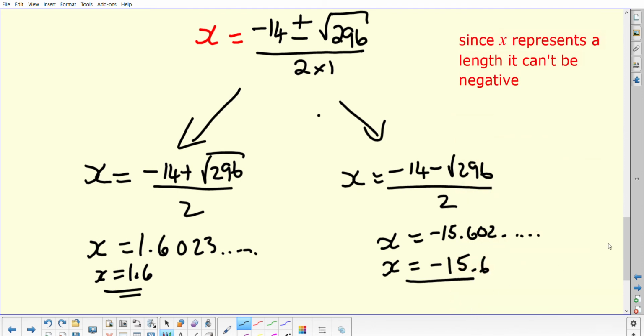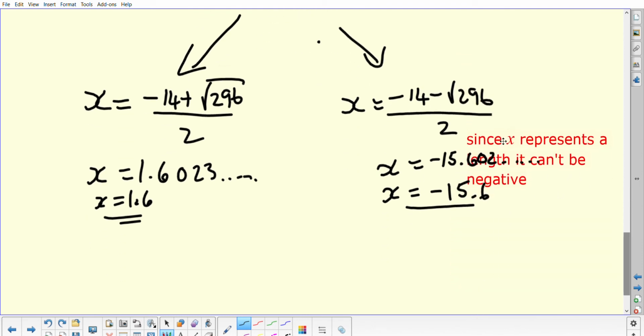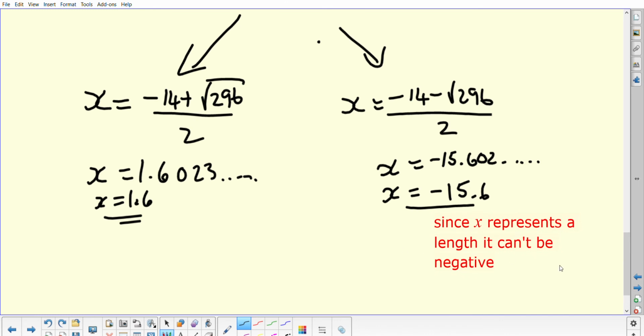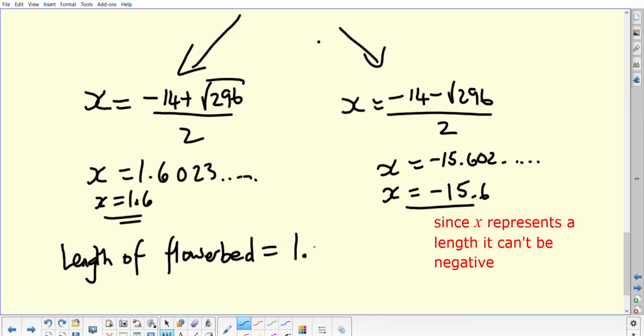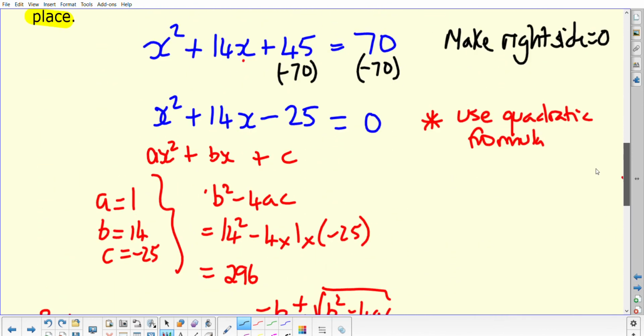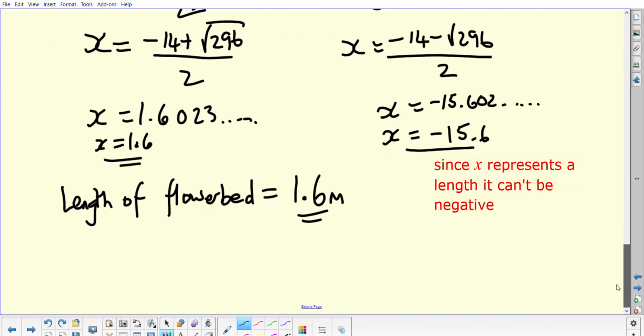Again, this is another case where you've ended up with a negative solution, and since x represents a length that can't be negative, the 1.6 would be what you'd be looking for. So it's about picking the right one. It's the width. So the width of our flower bed is equal to 1.6 meters.